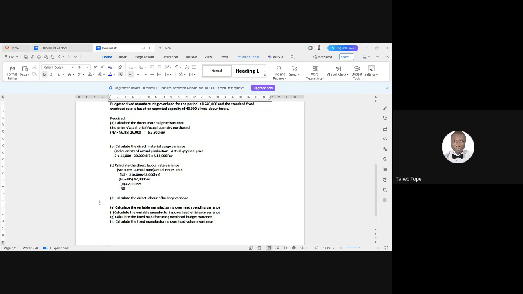Weighted by 5 naira. 44,000 minus 42,000 gives 2,000, weighted by 5 naira, which is 10,000 favorable, because the standard hour is greater than the actual hour worked.